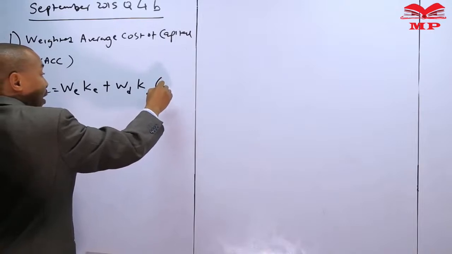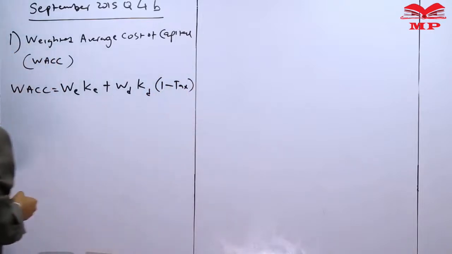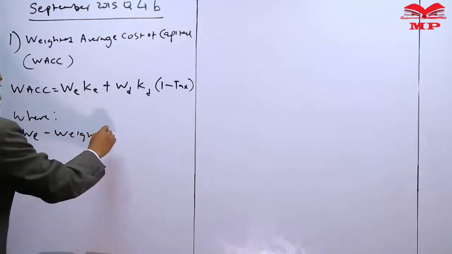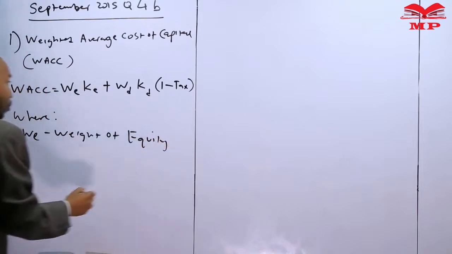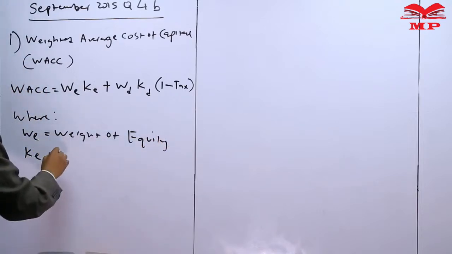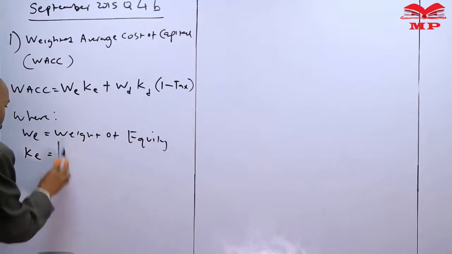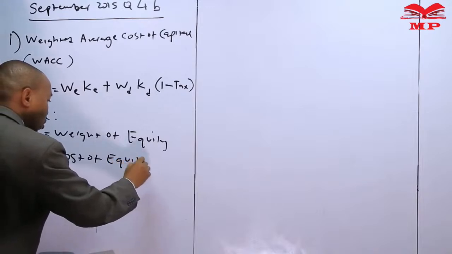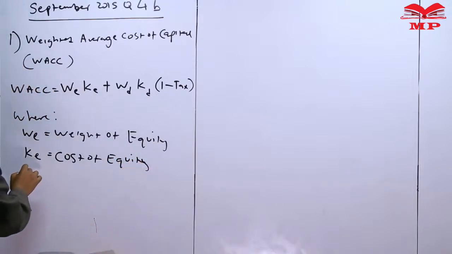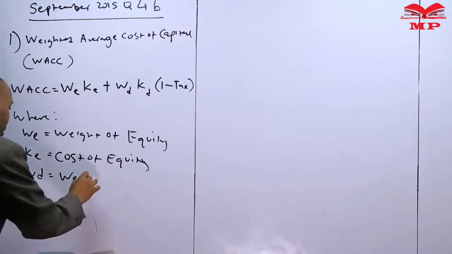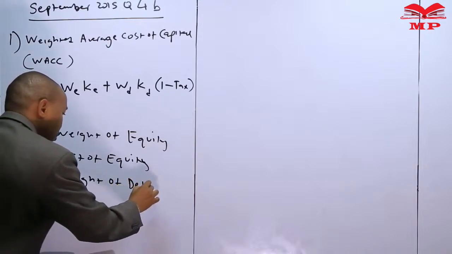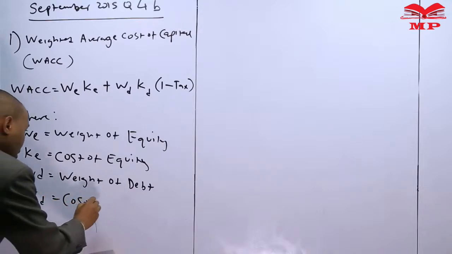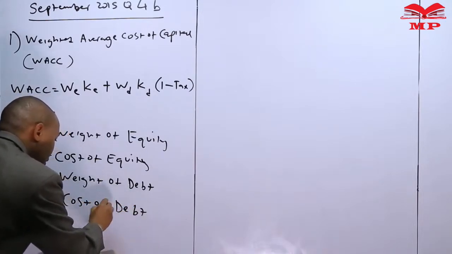In this case, we need the after-tax cost of debt, where WE is weight of equity, KE is cost of equity, WD is weight of debt, then KD is cost of debt.